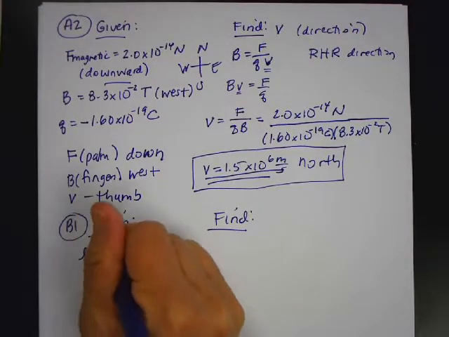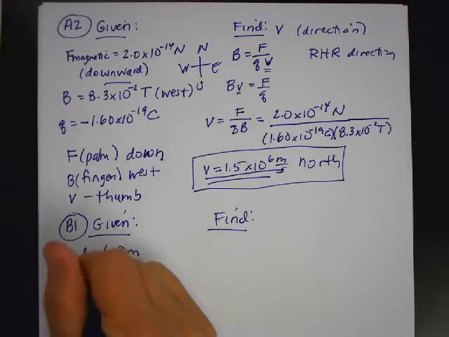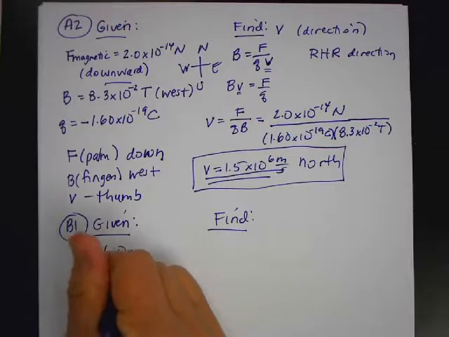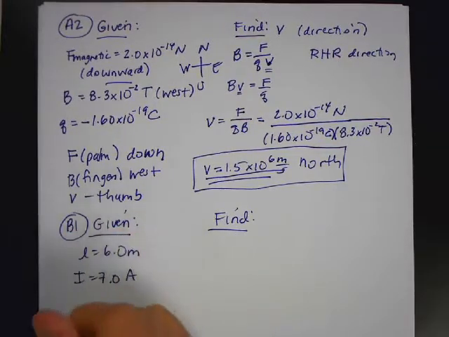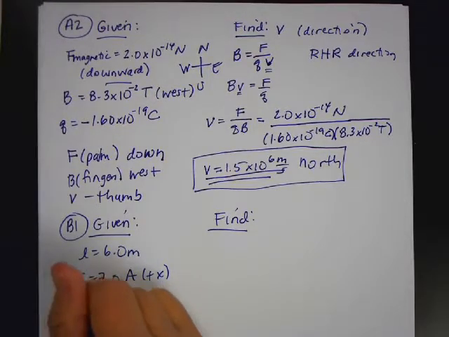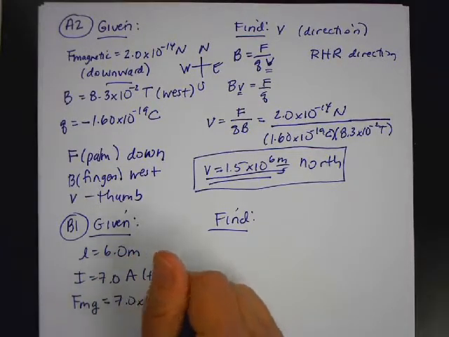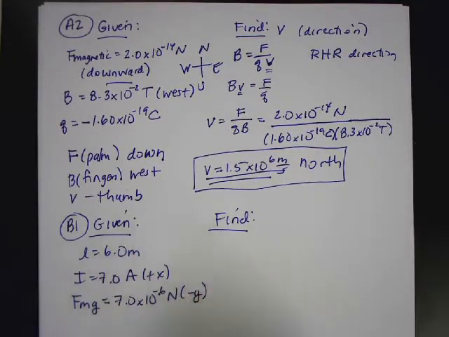So L is equal to 6 meters. Okay? They're telling me that I is equal to 7 amps. And they tell me this is in the plus X direction. And then they tell me that F magnetic is equal to 7 times 10 to the negative 6 newtons. And this is in the negative Y direction.